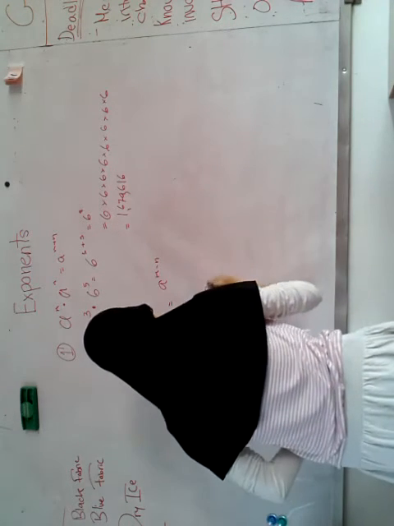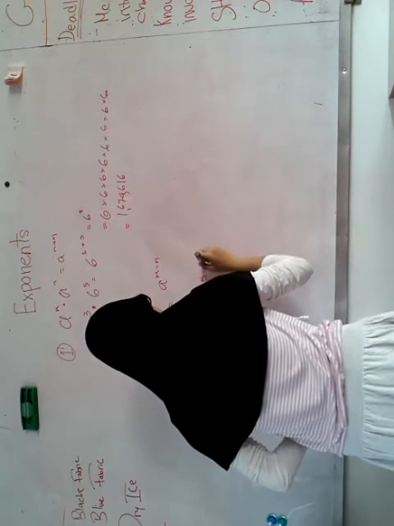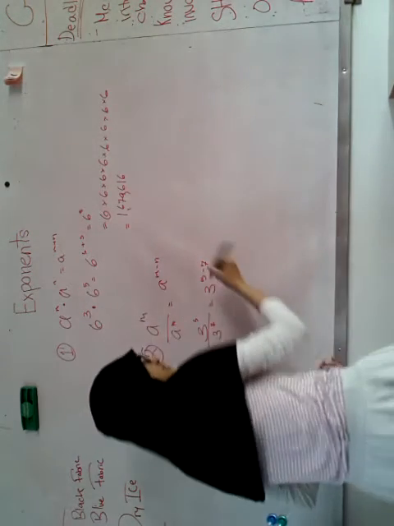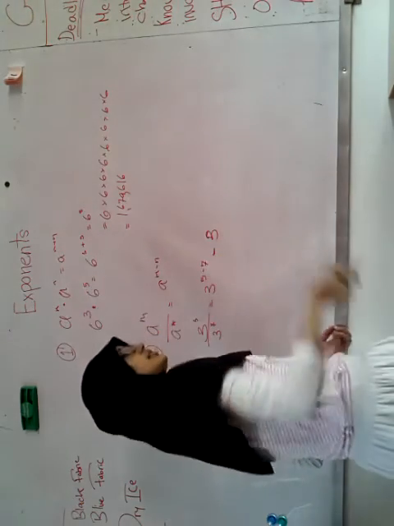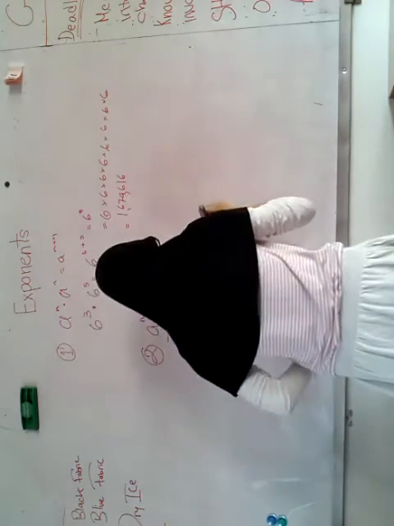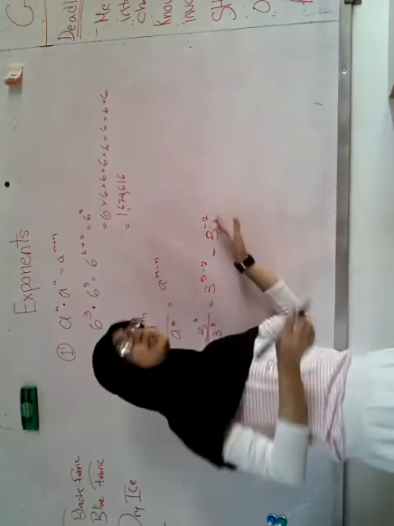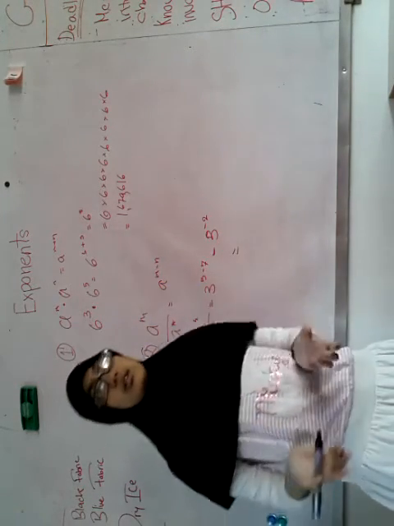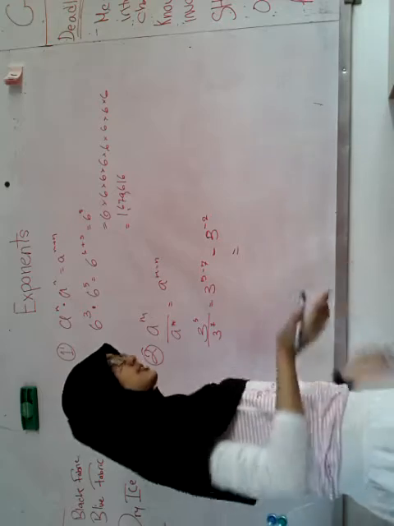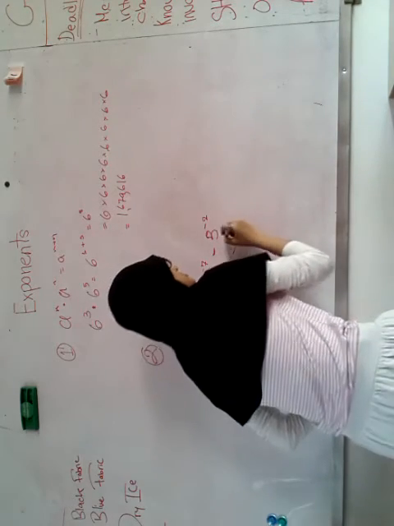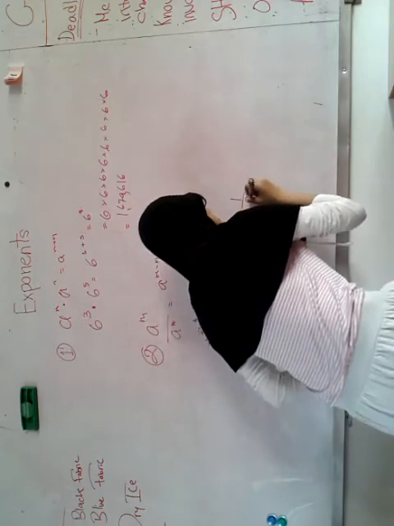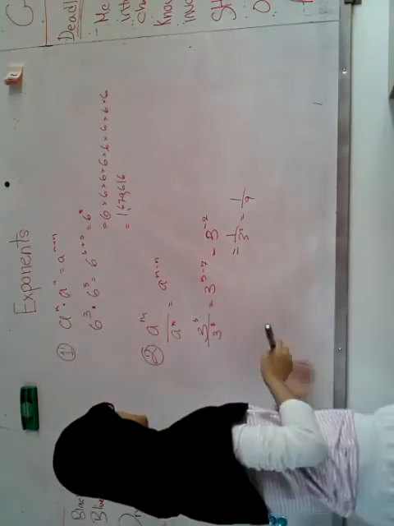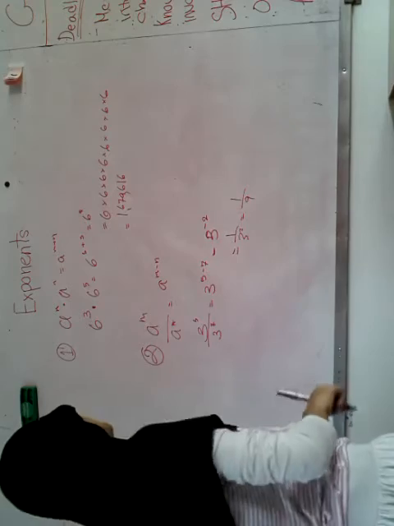Now you subtract them: 5 minus 7 is -2. Now if you have a negative power, like we taught you in the first lesson, you move them up, that will be 1 over 3 squared, which is equal to 1/9. That's for the second one.